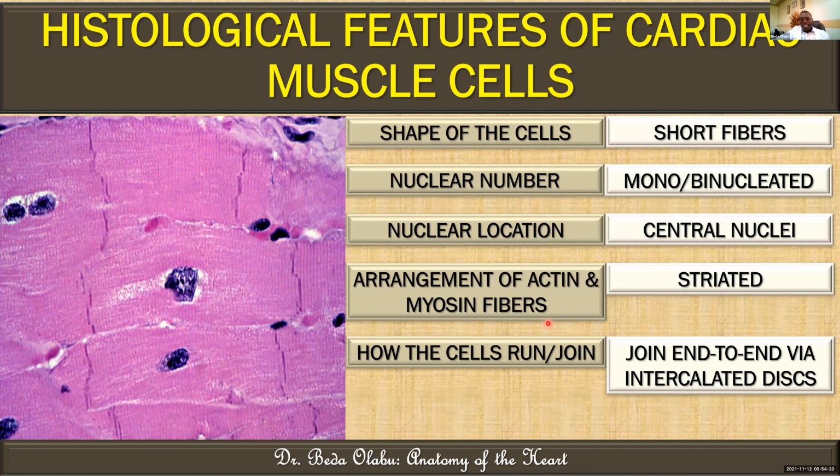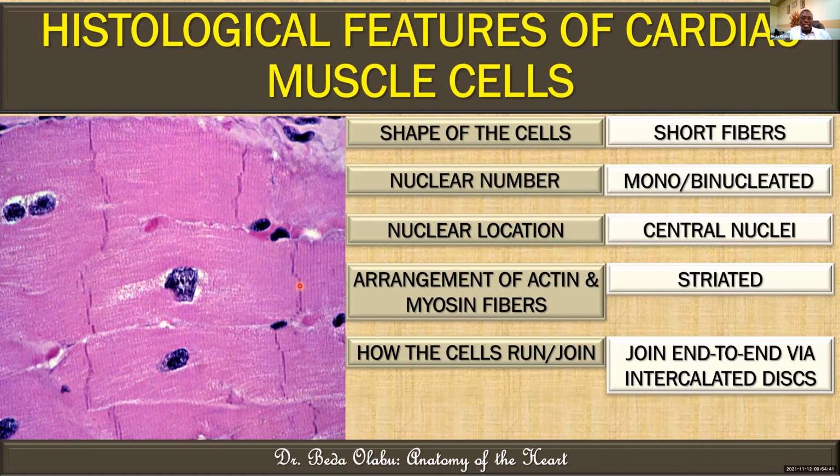Lastly, we look at how the cells join. For cardiac muscles, we see that they join end to end. And those specialized junctions between one cell and another are the ones we call the intercalated discs.